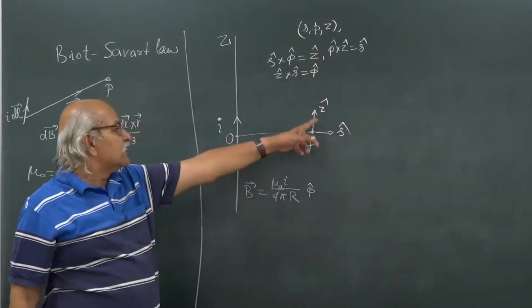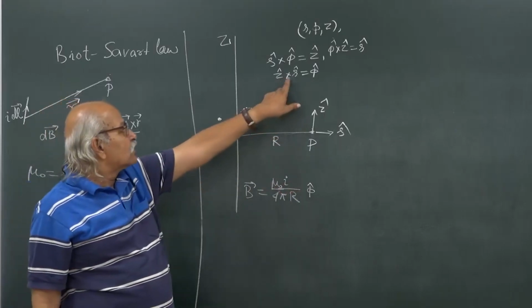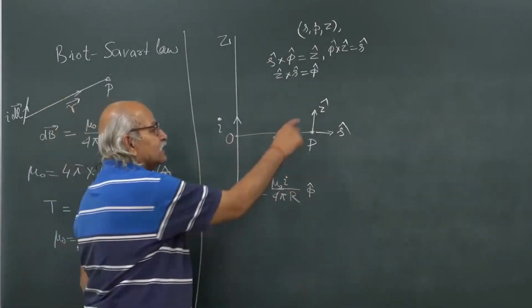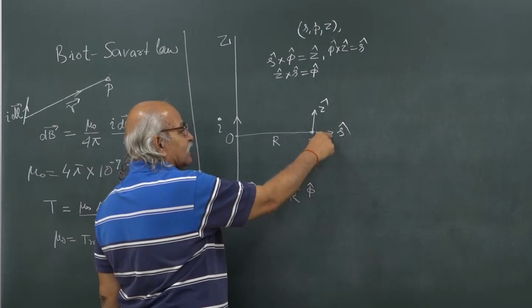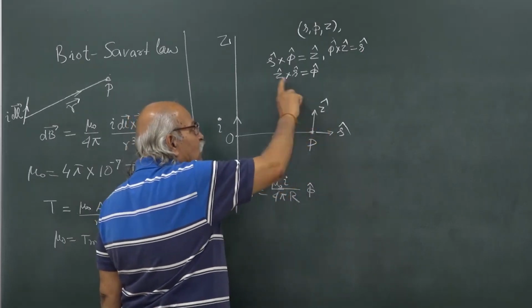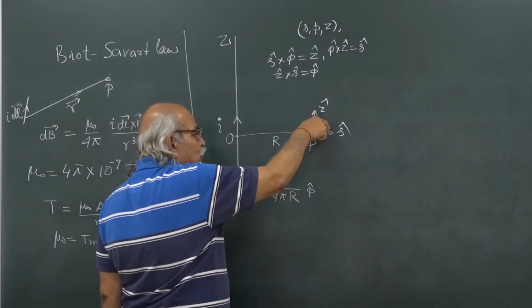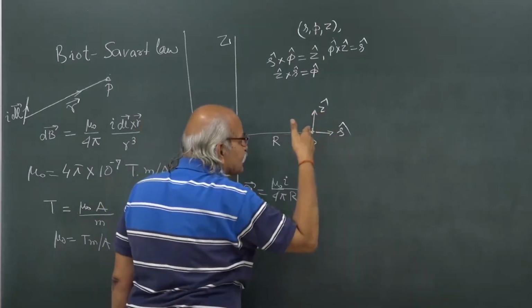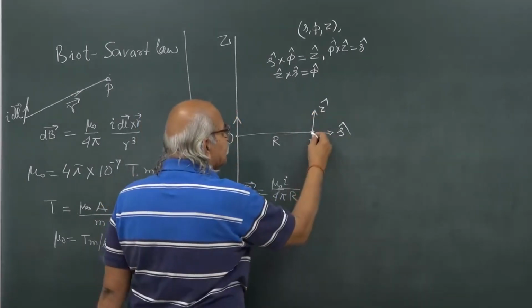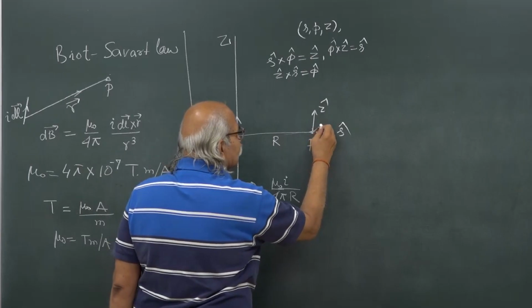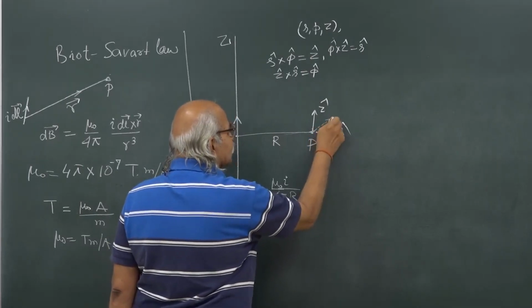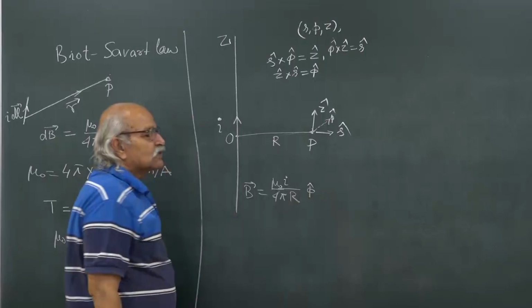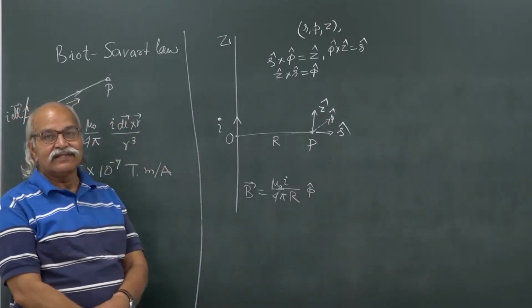If this is s and this is z, the cross product z cap to s cap goes into the board. So your phi cap direction is going into the board, perpendicular to this. These are the unit vectors here.